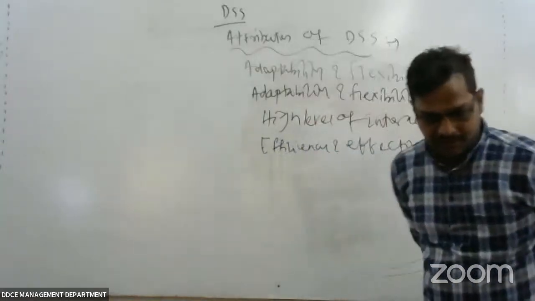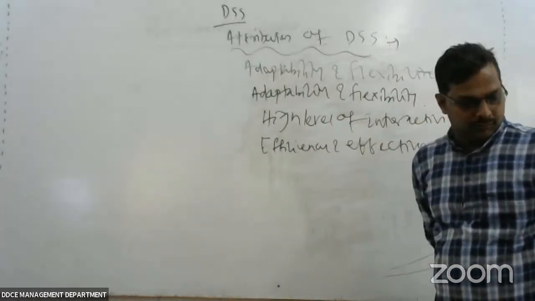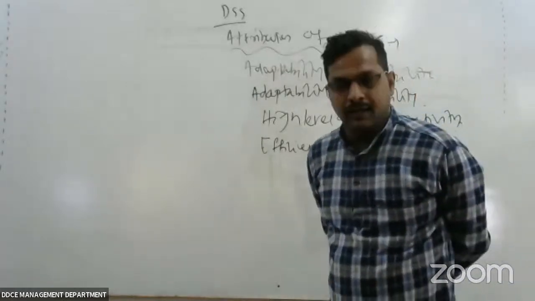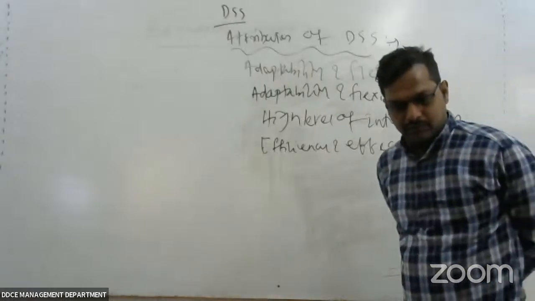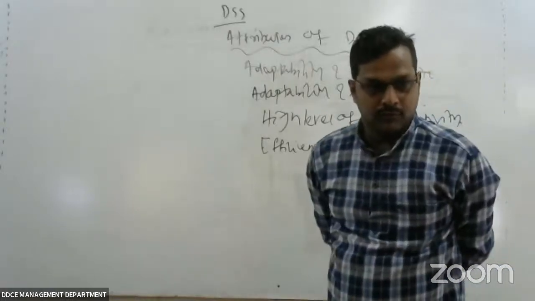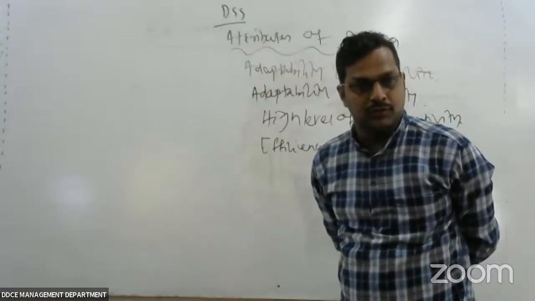Efficiency and effectiveness. Efficiency particularly refers to time, and in our computer cases, the technique we have used, one algorithm we have used.